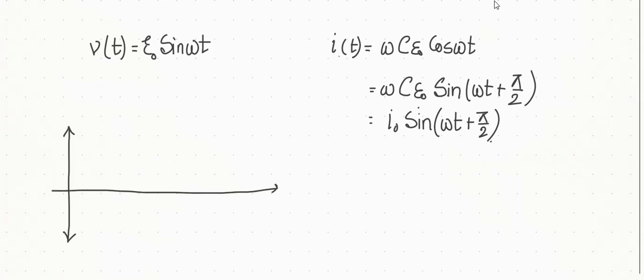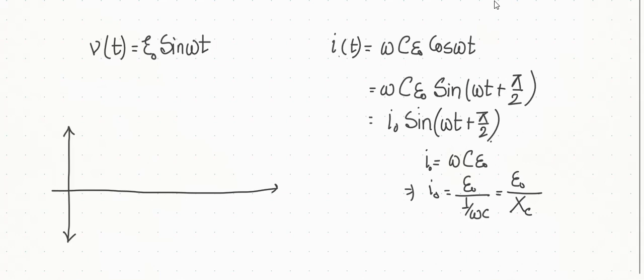Just try to understand that I0 is equal to omega multiplied by C into E0, which is E0 divided by 1 by omega C. And 1 by omega C is nothing but the capacitive reactance, denoted XC, which acts like the resistance.